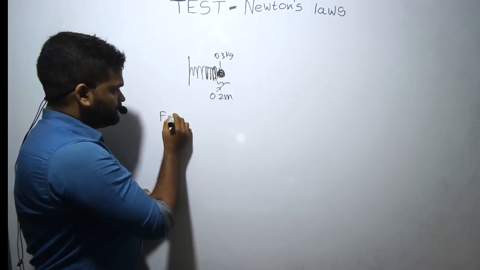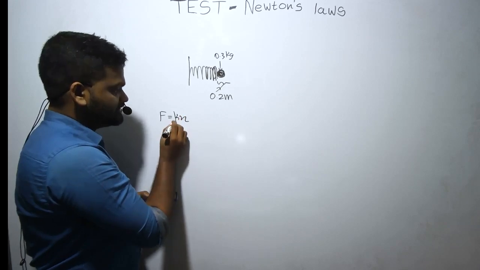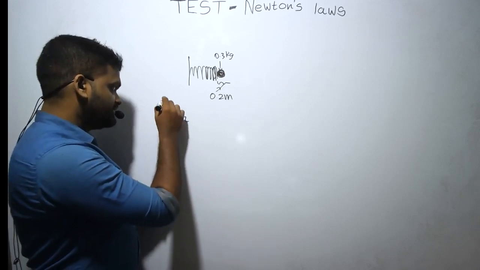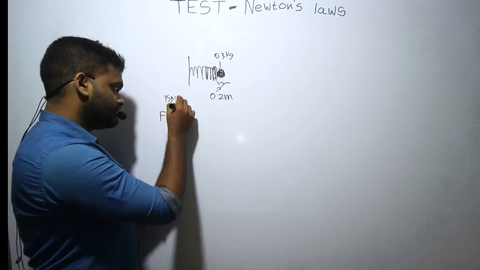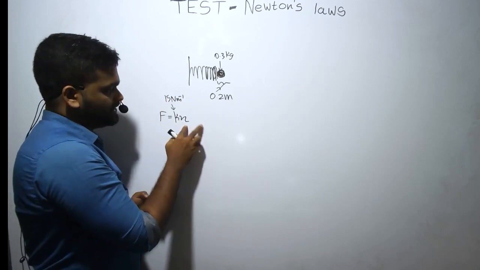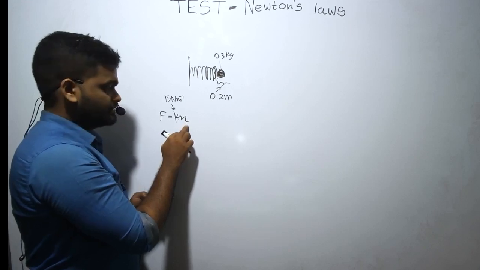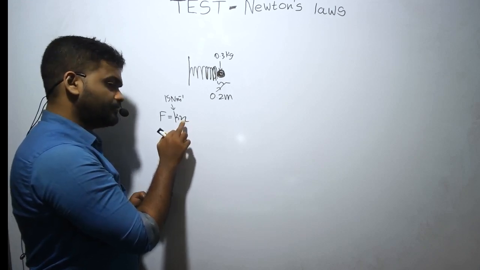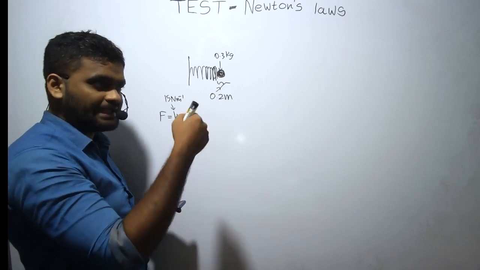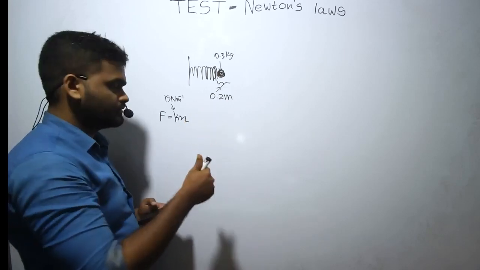So in a spring, this is the spring constant, and x, the spring constant is given as 15 newtons per meter, right? So the compressed amount or extended amount is simply x. So when you substitute that, you can find the force that builds up in the spring.